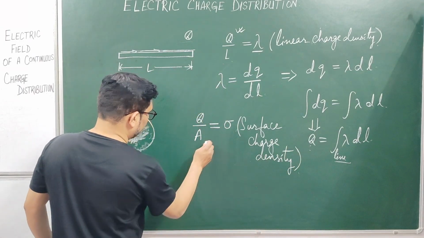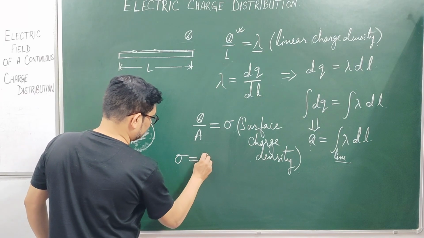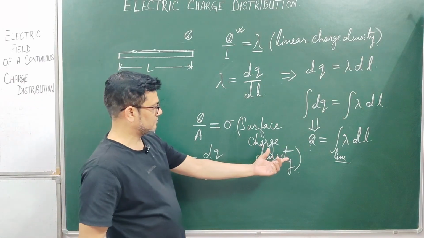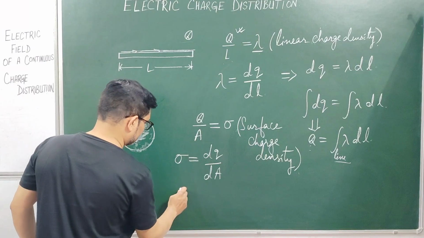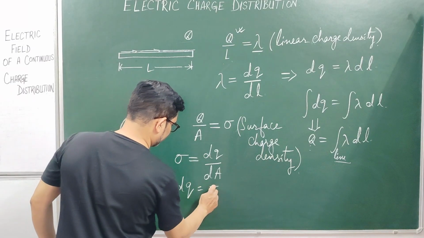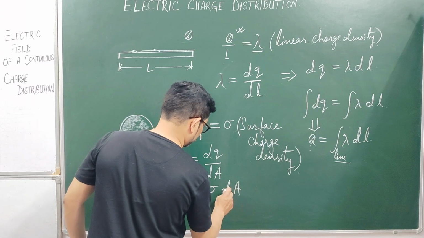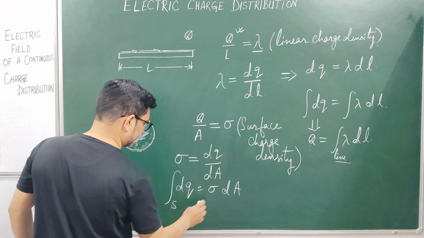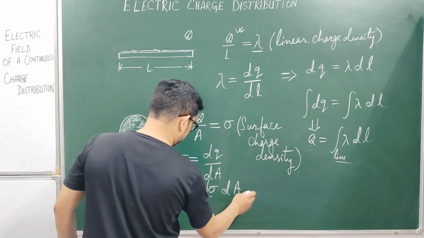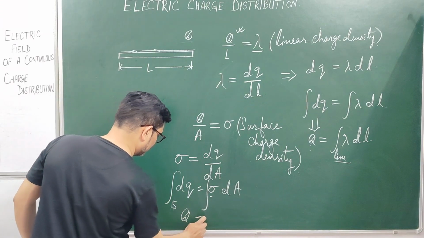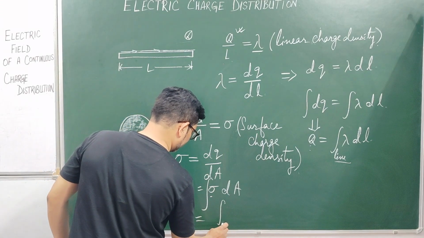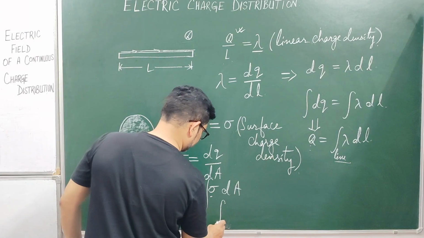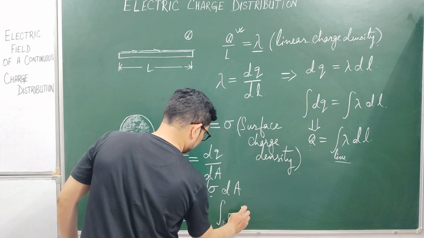In the differential form, we can write sigma is dq over dA, elemental area. And similarly it follows. So if you take out this dq, it becomes sigma dA. And when you integrate this over the surface S, you'll get q, which is equal to the integration over the surface S of sigma dA.